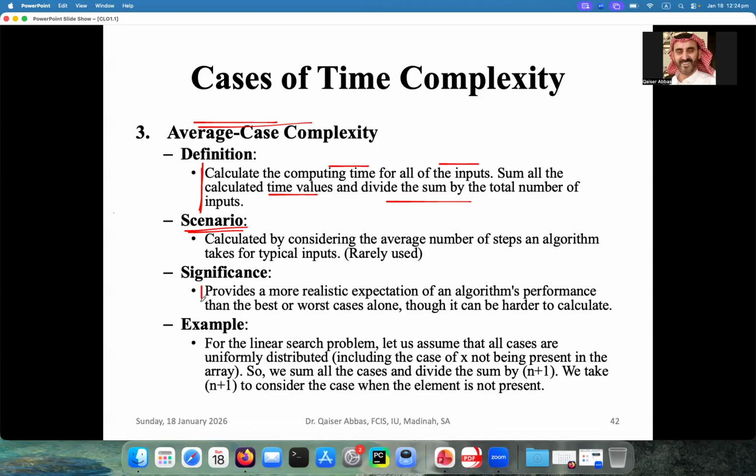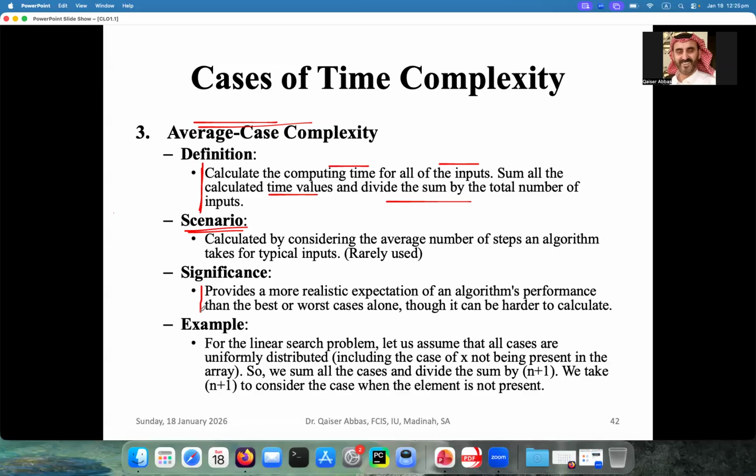What is the significance of it? The significance is that average case complexity would be closer to your real answer or solution. Normally, whatever data is available, if you apply linear search over it, you will expect an average case.